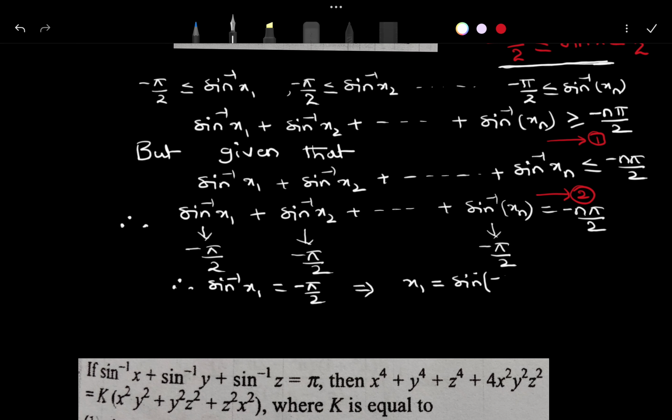Sine of minus pi by 2 is equal to minus 1. So similarly, x2 is also minus 1, x3 is also minus 1.